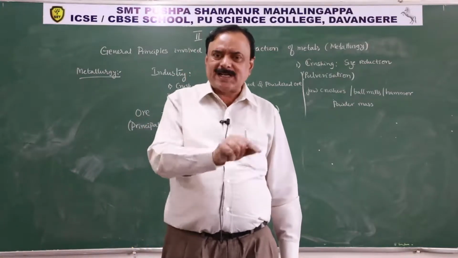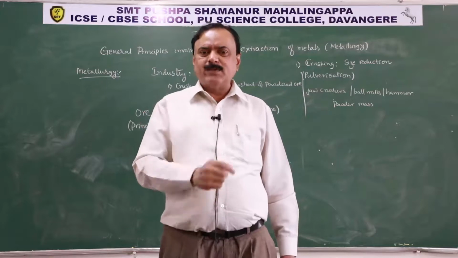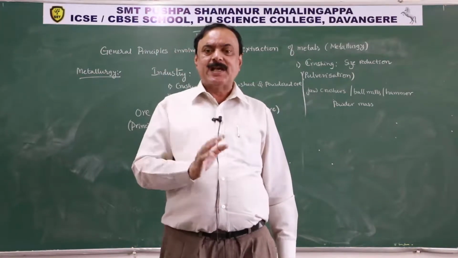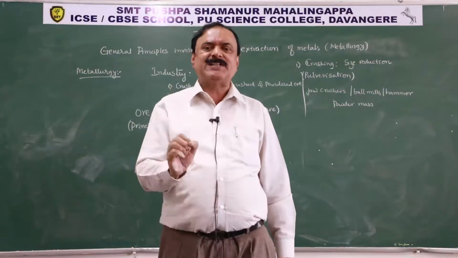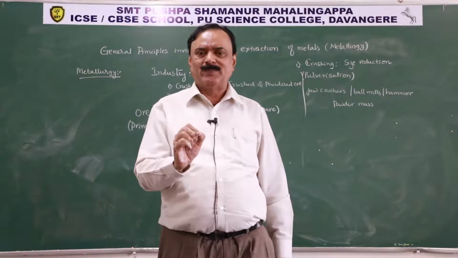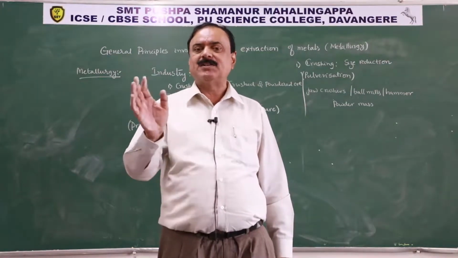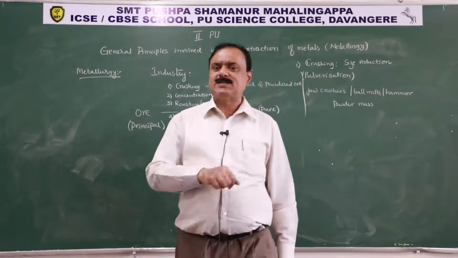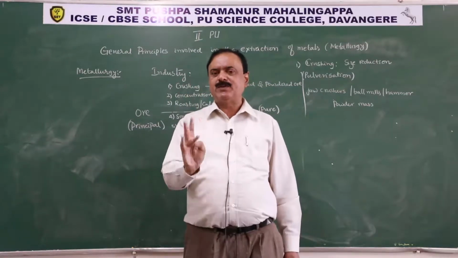These are collectively called the matrix or gangue materials. The removal of the gangue materials, or the matrix, as much as possible from the ore, increasing the percentage of the wanted metallic compound, is called ore dressing, concentration of the ore, or beneficiation of the ore. So there are three terminologies.